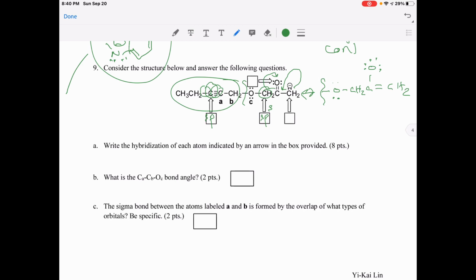So when we have that principle in mind, when we compare these two, we find that for the right, there are 3 lone pairs and just 1 bond. But for the one on the left, there's 2 lone pairs and a double bond.